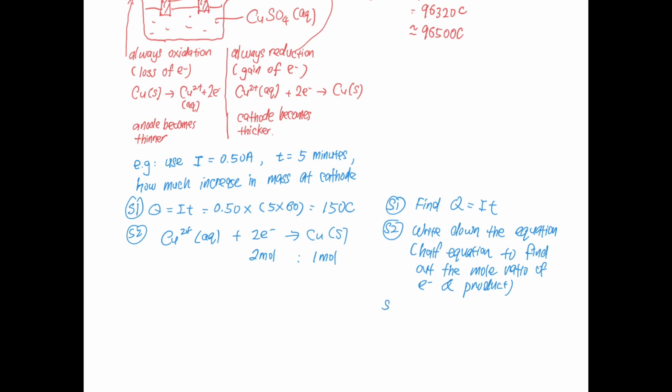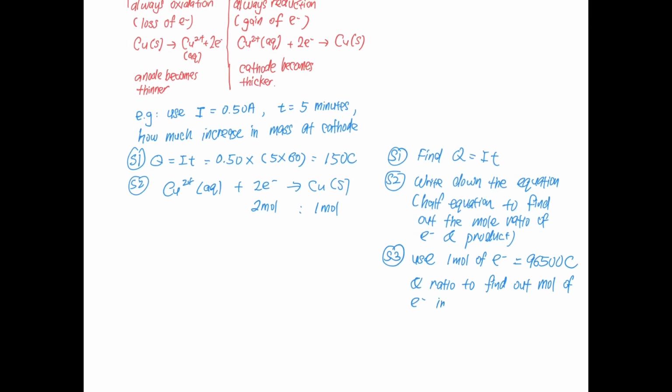Step 3, use 1 mole of electrons equal to 96500 coulomb and ratio to find out mole of electrons involved in the current reaction. Then find mole of product.